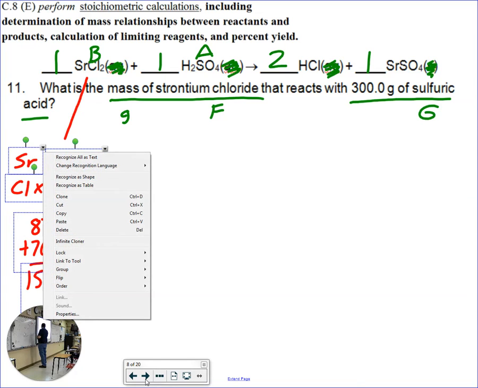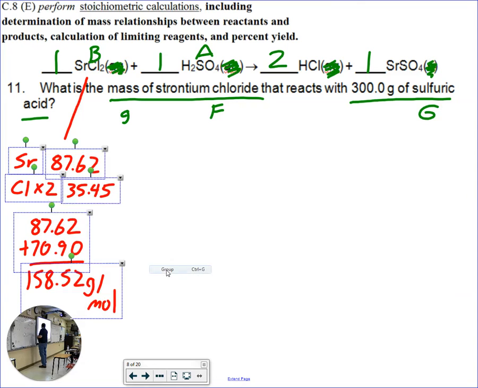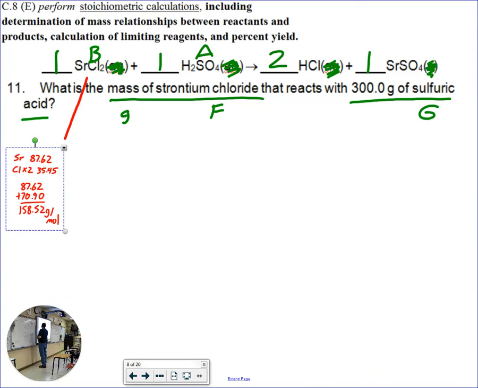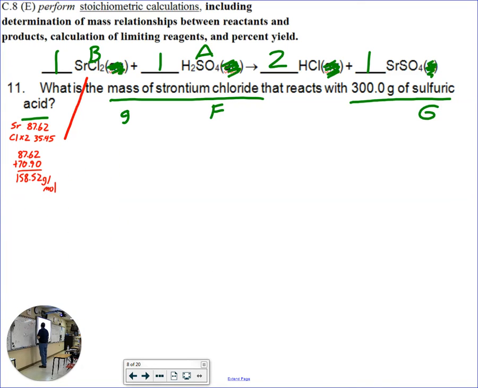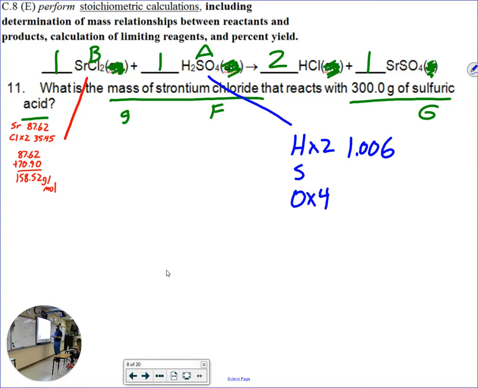I'm going to cheat and do something else, so shrink that down just a little bit. Let's go ahead and do the same with our H2SO4. Okay, so I've got hydrogen times 2, I've got sulfur, and I've got oxygen times 4. Hydrogen is 1.006. Sulfur is like 32.07.